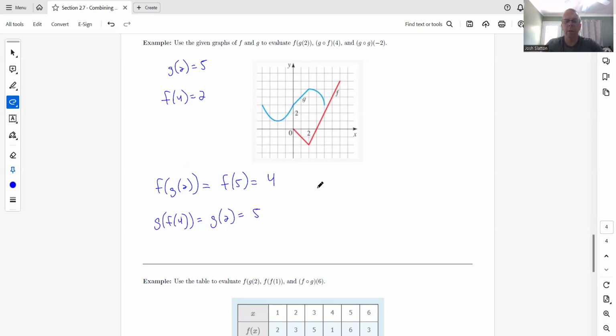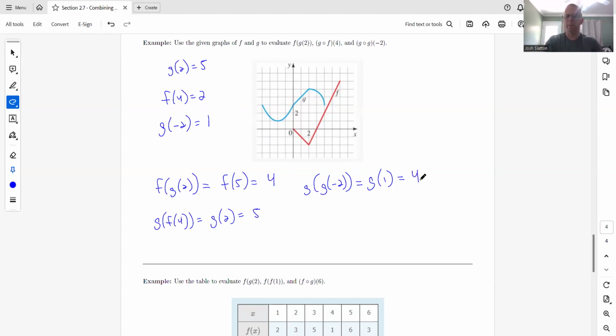All right, and then last one, g of -2. So what is g of -2? So that would be 1. So we need g of 1. g of 1, 1, 2, 3 would be 4.